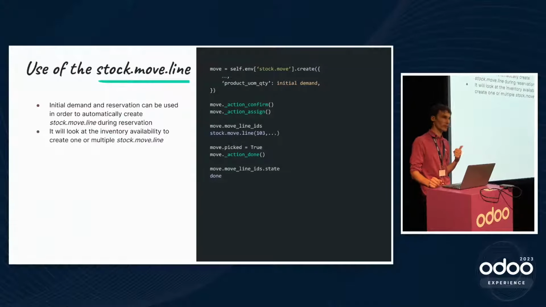We have operation types for deliveries, for receipts, for manufacturing, dropship, etc. And by default, the reservation is done directly at the confirmation, but you can specify if you want to set it manually. Also, the picked, you don't need to set to true in the interface.